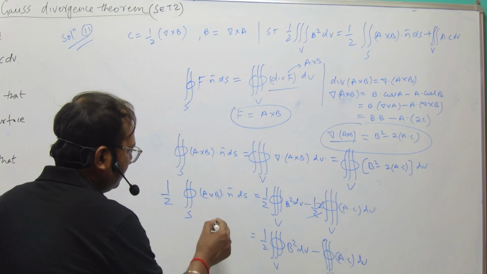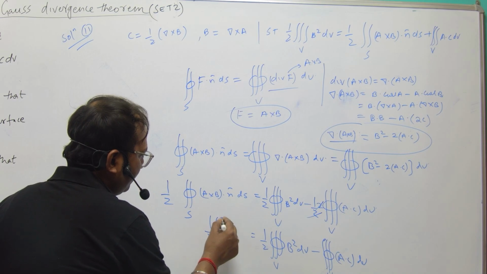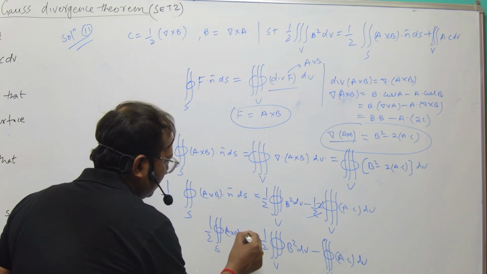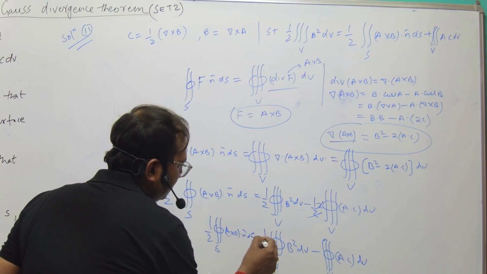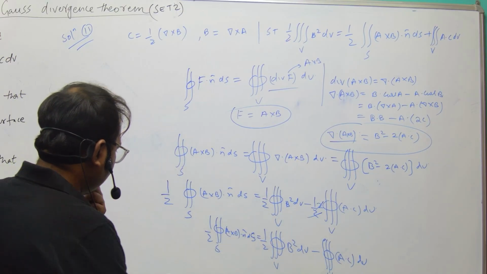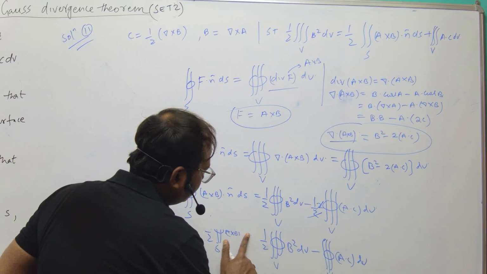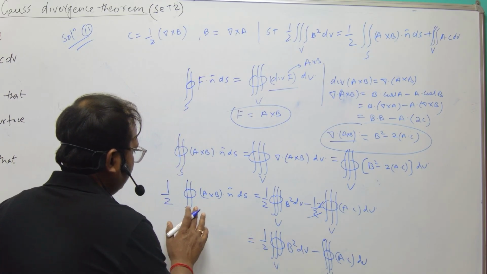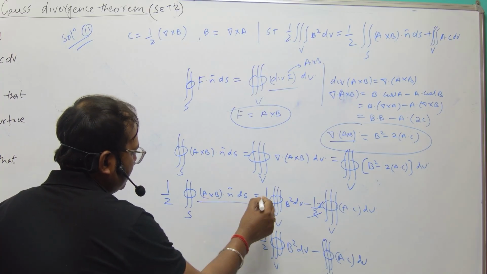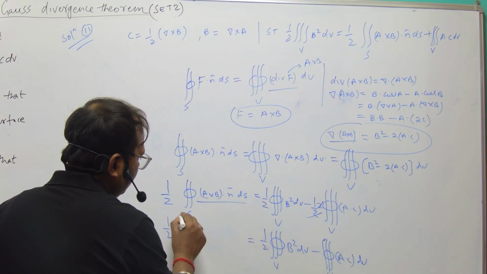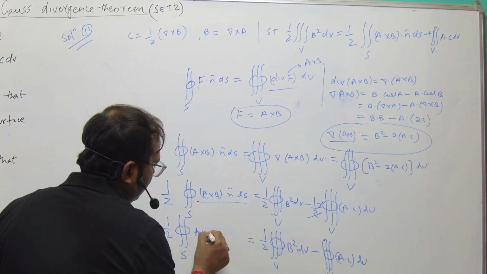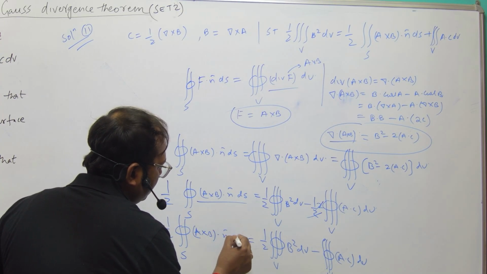This is equal to half of surface integral A cross B dot n cap into dS. Let us further simplify this.